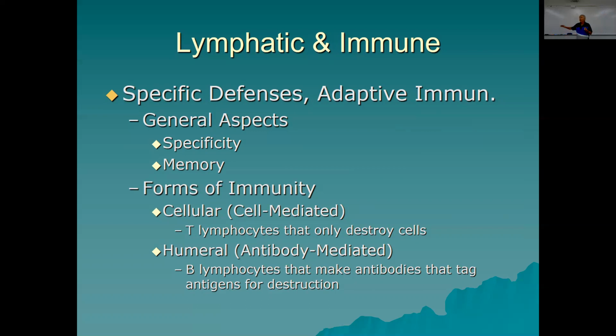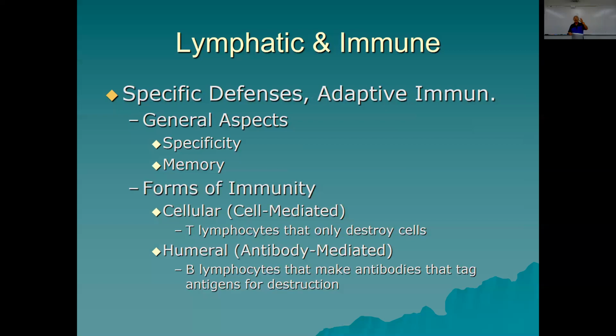Remember, before, the innate immunity was right on at the moment. This is delayed immunity because these pathogens have to be swept into lymph nodes, and they have to bump into the right lymphocyte.